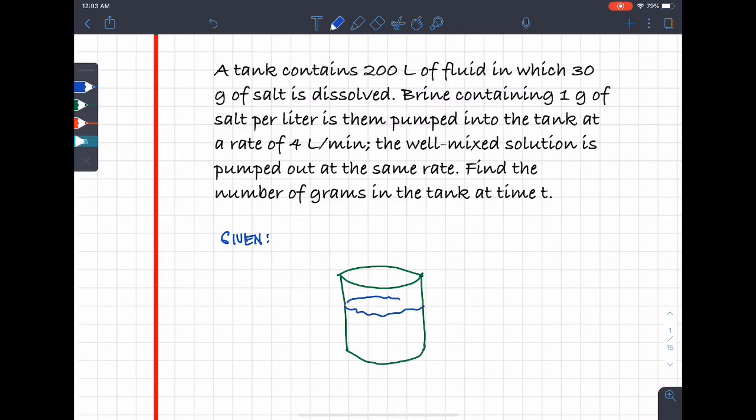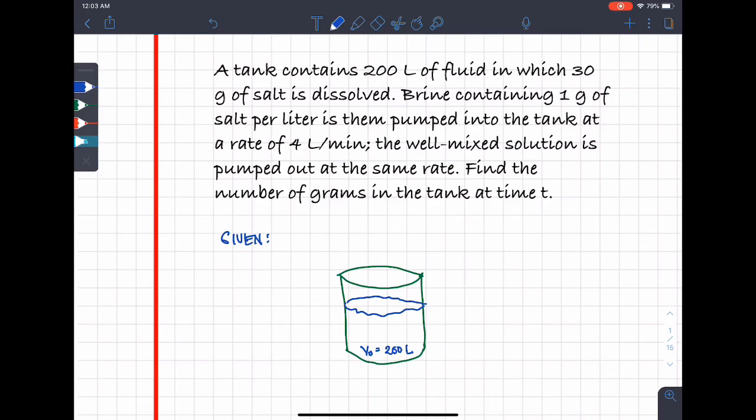Okay, and then it says there that the tank contains, let's say, 200 liters. So initially the tank has 200 liters, in which 30 grams of salt is dissolved.